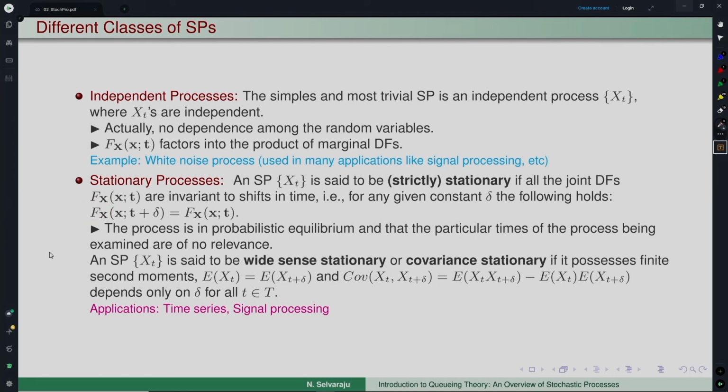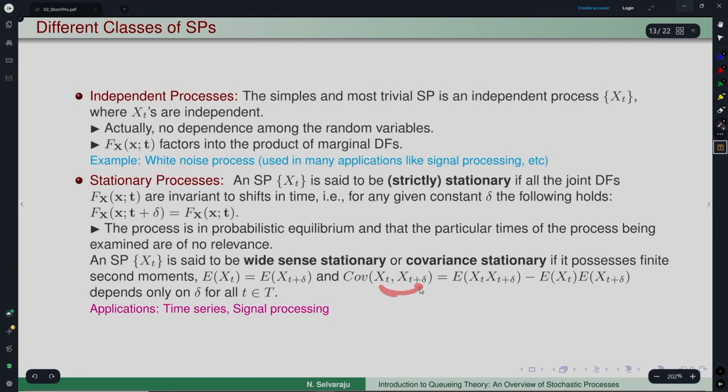A weaker sense is what is called wide sense stationary, or covariance stationary, or weakly stationary, if it possesses finite second moments, and the expectation of xt is the expectation of xt plus delta, which means the mean is equal even if the time is different, but the covariance, which is defined to be this, depends only on the delta. Delta means the length of the interval in which you are looking at the two random variables from the same stochastic process, xt and xt plus delta.